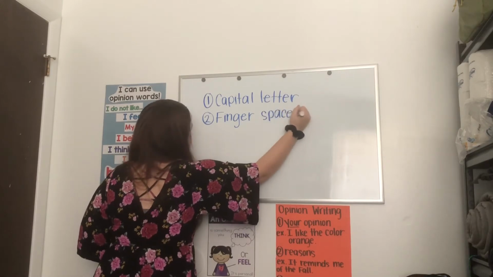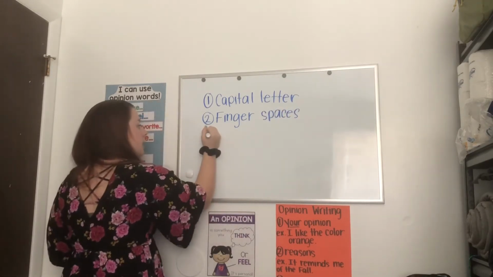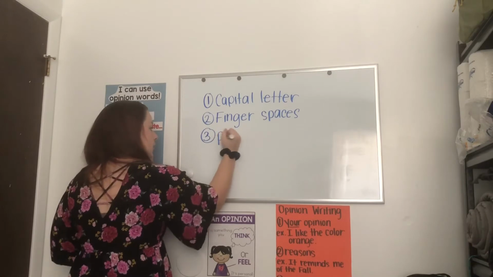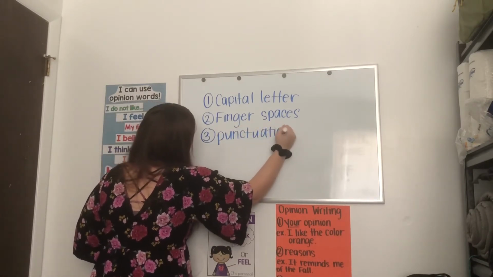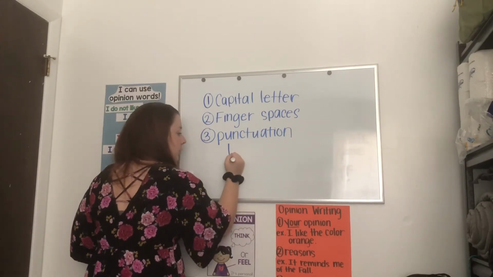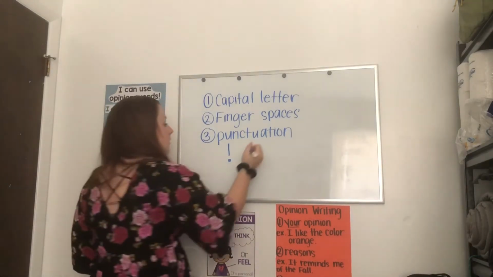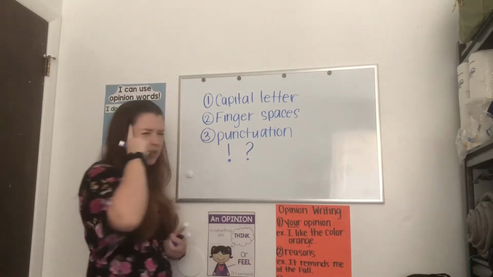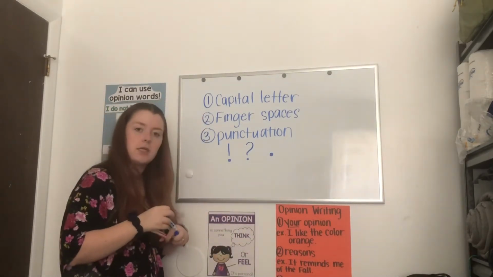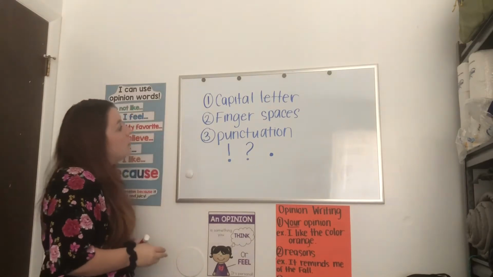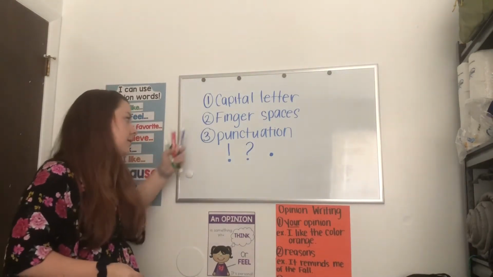So you can really make sure you have those finger spaces. And our last thing is we need a punctuation mark. And our punctuation marks can be an exclamation point if it's an exciting sentence, a question mark if it's a question, or a period if it's just a normal sentence or it's saying something that needs to be said, okay? So we need a capital letter, finger spaces, and a punctuation mark.